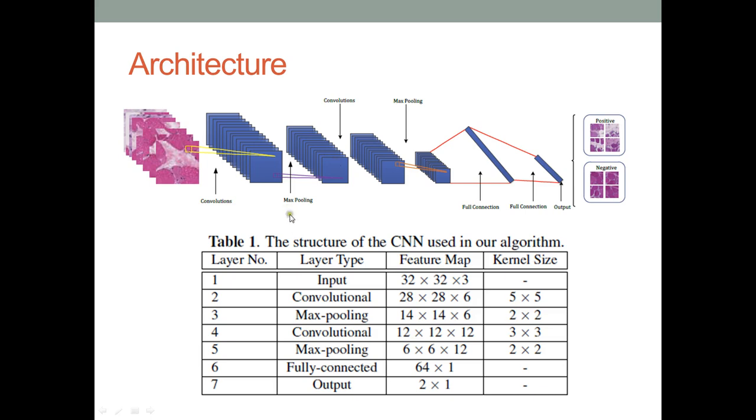For my implementation, I have stacked two convolution and max pooling layers. The first layer has 6 feature maps, and the second layer has 12 feature maps.